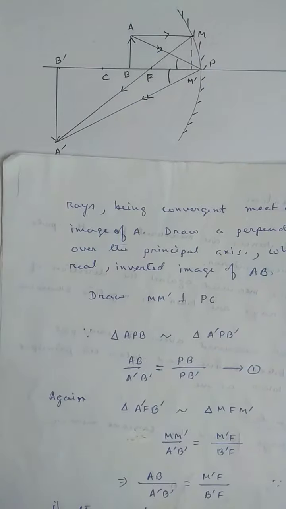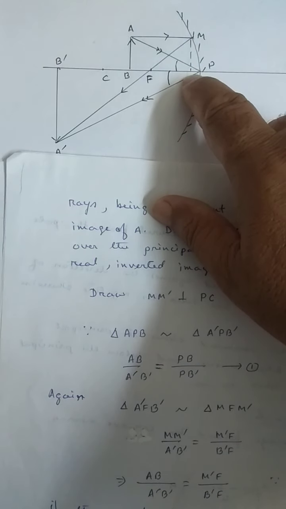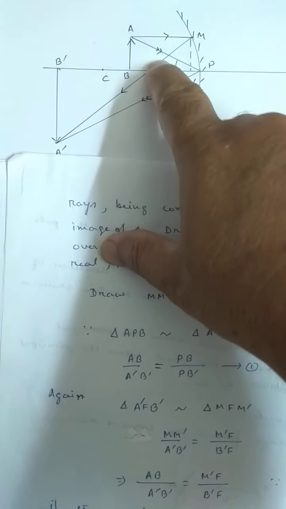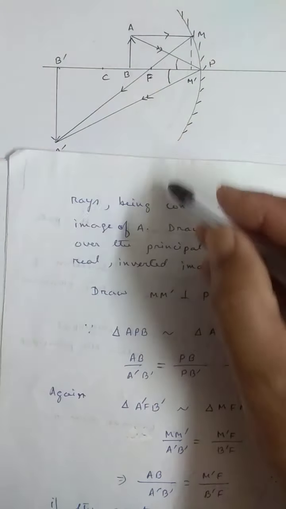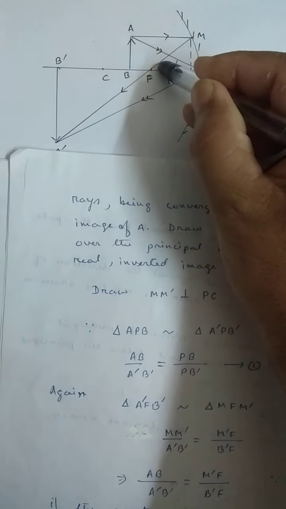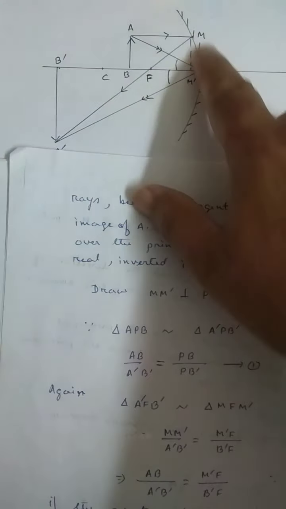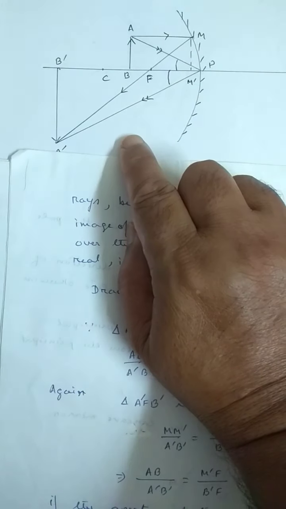Okay. Then I take the triangle MFM' and A'FB'. This angle and this angle are opposite angles. Therefore, these two triangles MFM' and A'FB' are similar.